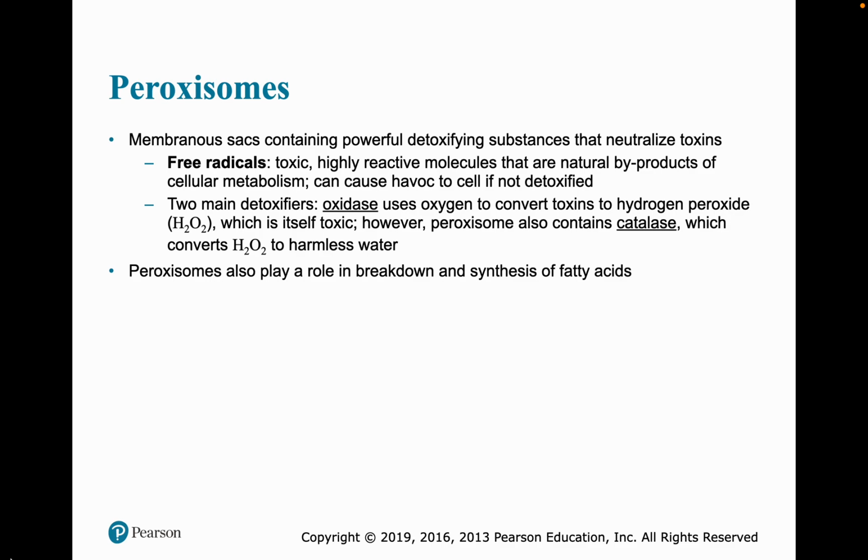The two main detoxifiers are both oxidases, which use oxygen to convert toxins to hydrogen peroxide, and then the hydrogen peroxide is converted to water by an enzyme called catalase. So oxidase and catalase are the two main enzymes of peroxisomes. They do also have a role in the breakdown of fatty acids.